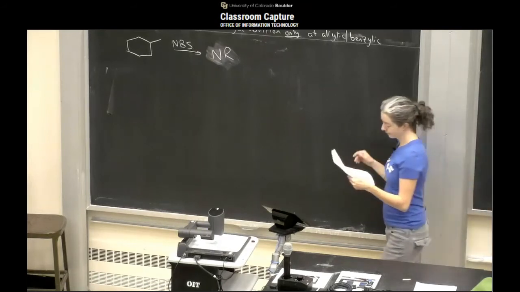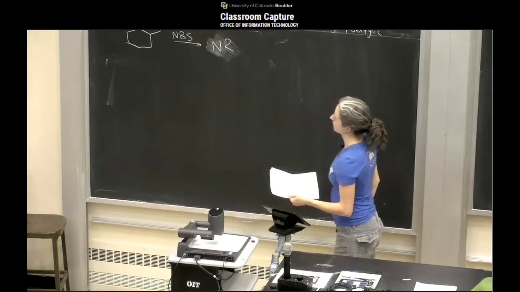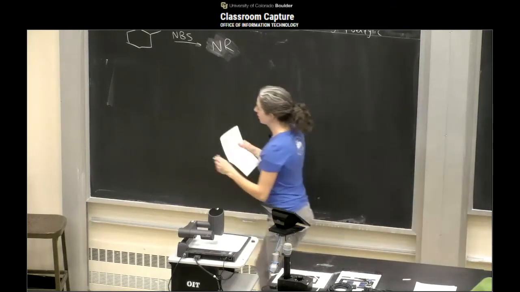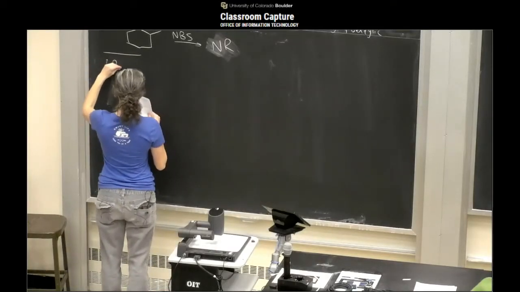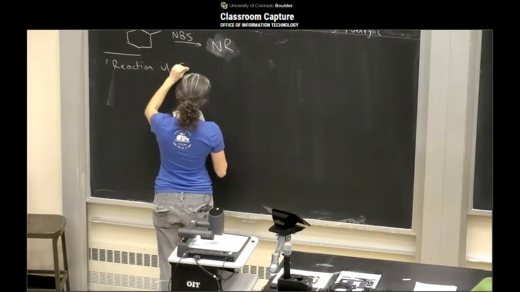Okay, cool. Alrighty, so we've looked at plus charges, we've looked at radicals. Kind of makes sense that the next thing that we're going to look at is negative charges. So reactions with a negative charge on carbon, or a carbanion.